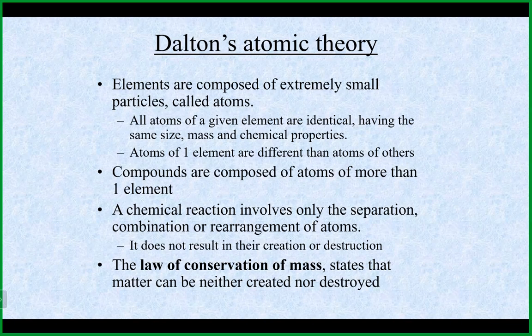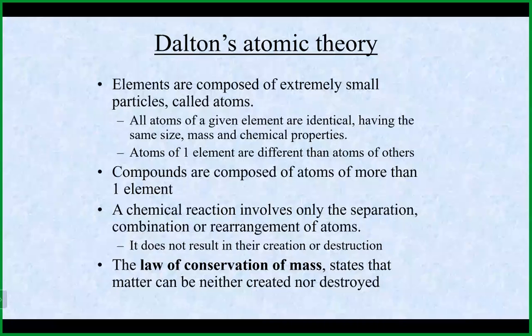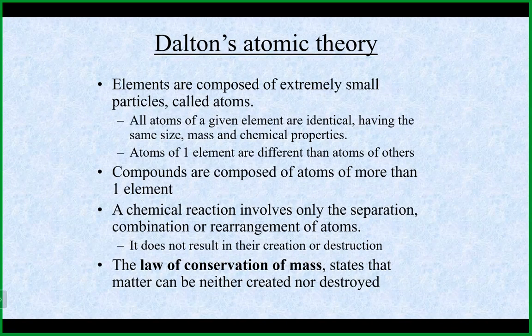He felt compounds were composed of atoms of more than one element. A chemical reaction really involves only the rearranging of these atoms. So basically breaking bonds, rearranging into new substances on the other side. We don't create nor destroy anything. And that's the idea as well of the law of conservation of mass.